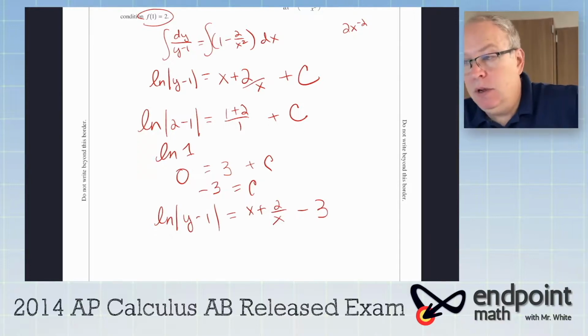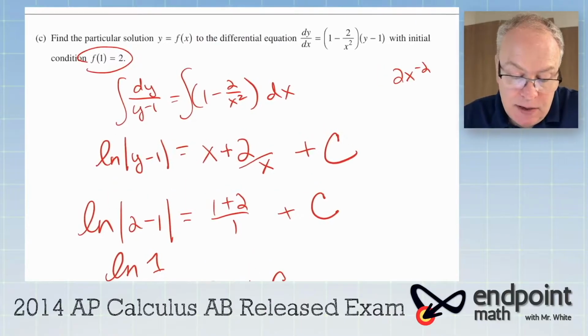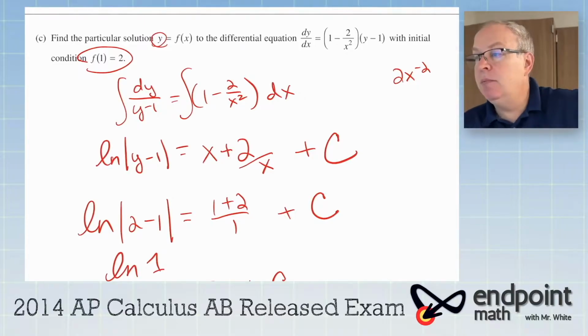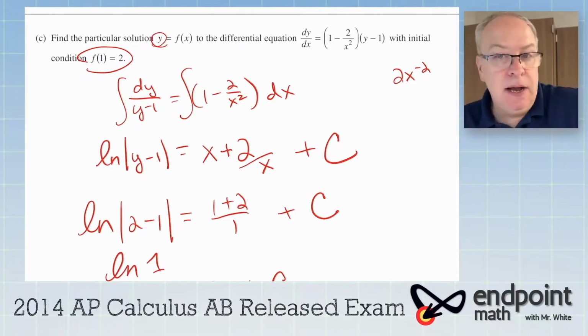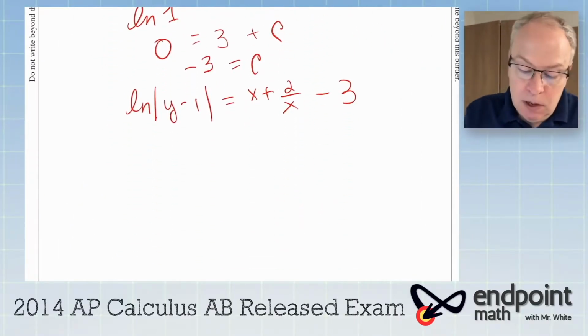All right, now what do you do? Are we done? It says find the particular solution with y all by itself. So the last point here, I'm looking at the rubric. To get the final point, the 6th point here, we have to solve for y. And the way you do that is a base e.